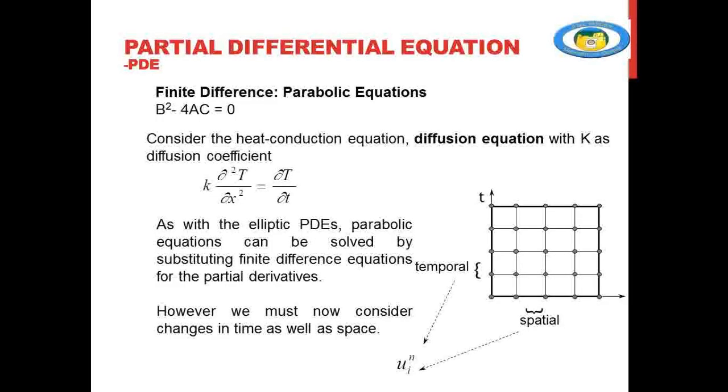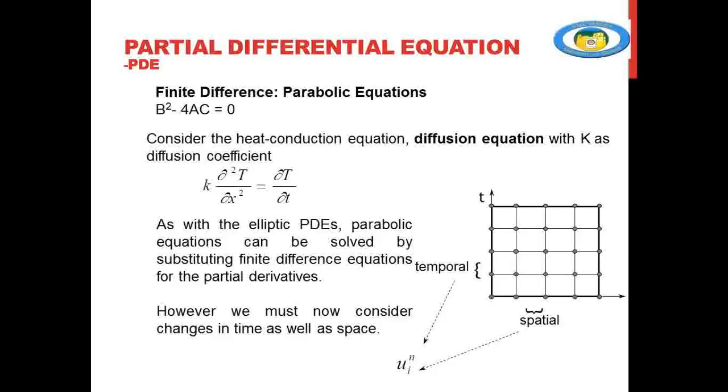Now we can substitute each one of those partial derivatives by the finite difference equivalent. Here there is time, so for time we are going to use n, and for the one spatial scale, I. If there had been another spatial scale, then we would have represented that by j.